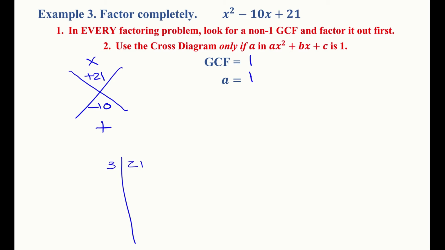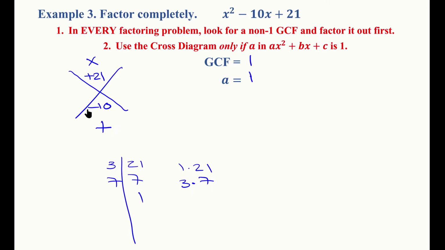Notice 21, 3, 7, 7, 1. So basically, the ways to get 21 are 1 times 21 or 3 times 7. There aren't a whole lot of ways, right?